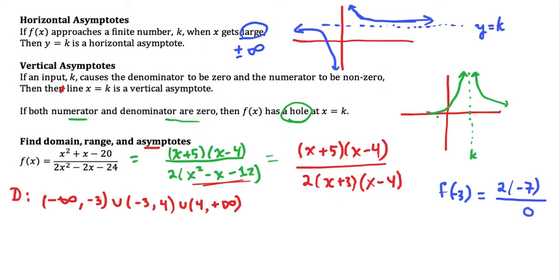So here, the denominator is equal to 0, but the numerator is not equal to 0. So x equals -3, the line x equals -3, is a vertical asymptote. That is a vertical asymptote.